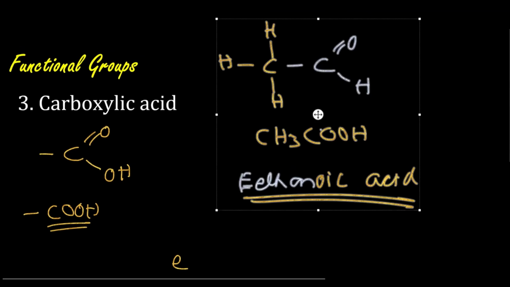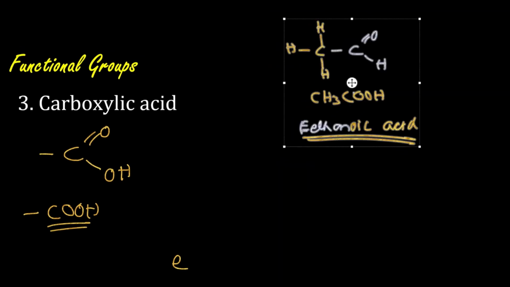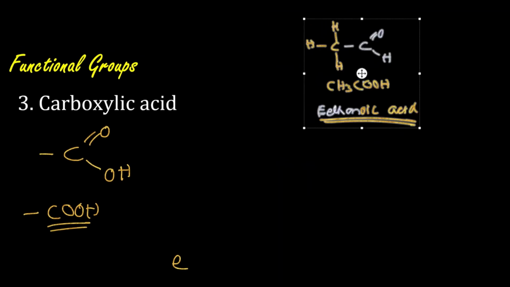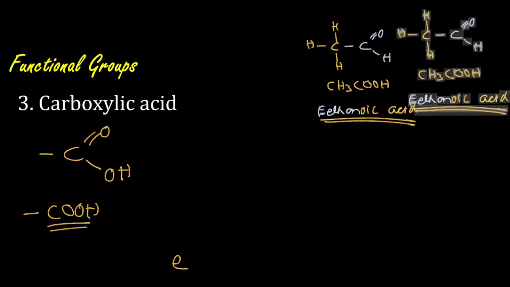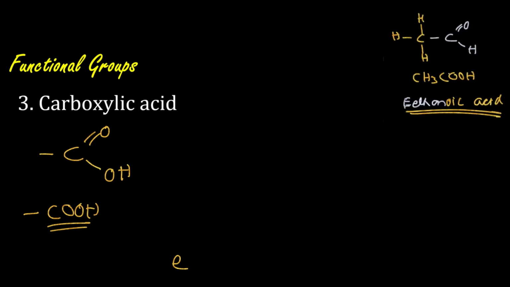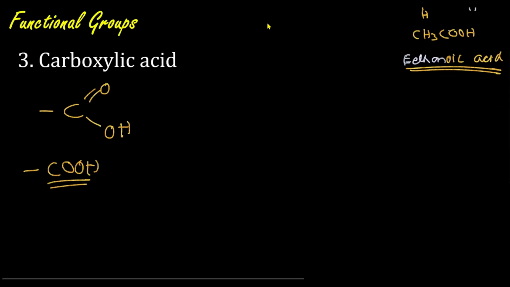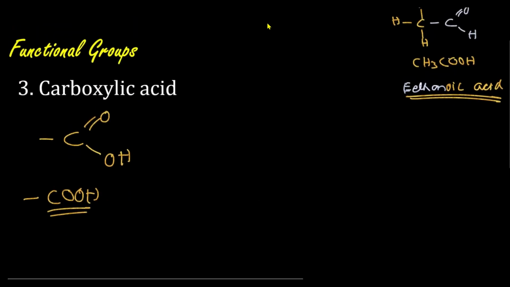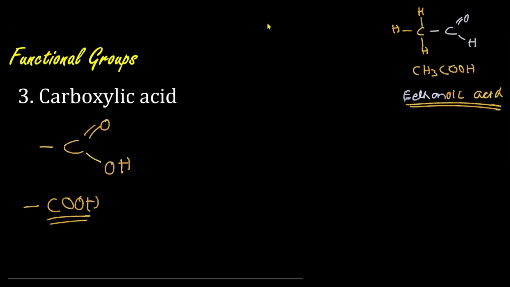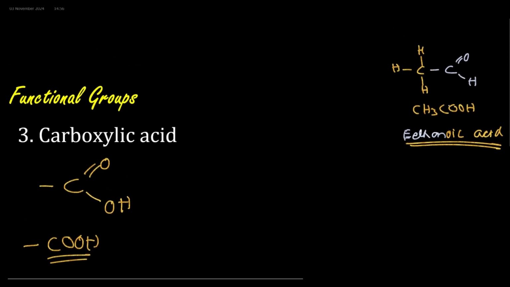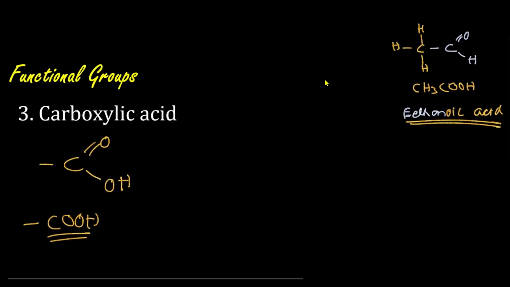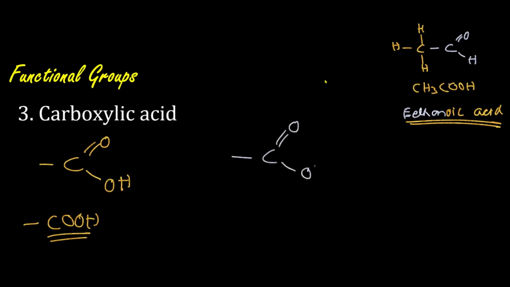Now we'll do the first member, with one carbon atom of this functional group. That was carboxylic acid. Now check here. For carboxylic acid, we have this as the structure: single bond, C double bond O, single bond OH.